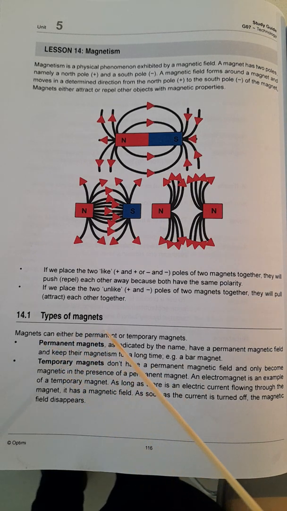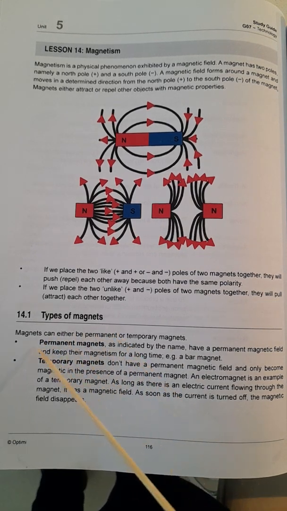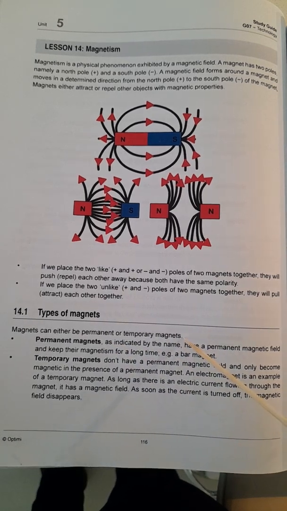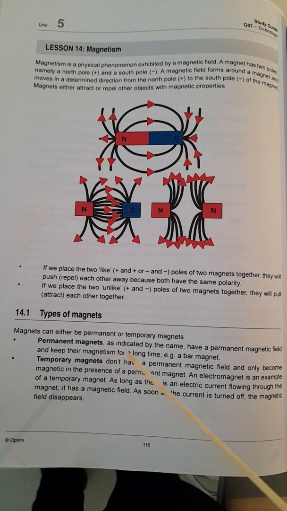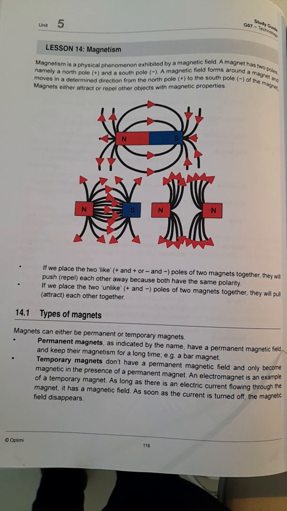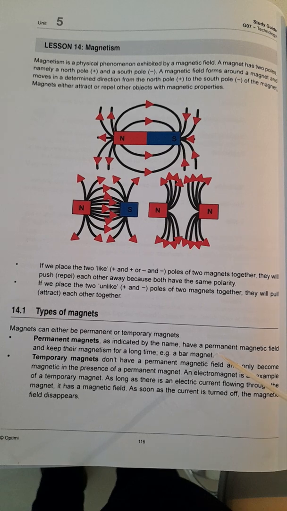Now let's look at different types of magnets. Magnets can either be permanent or temporary magnets. Permanent magnets, as indicated by the name, have a permanent magnetic field and keep their magnetism for a long time, e.g. a bar magnet.